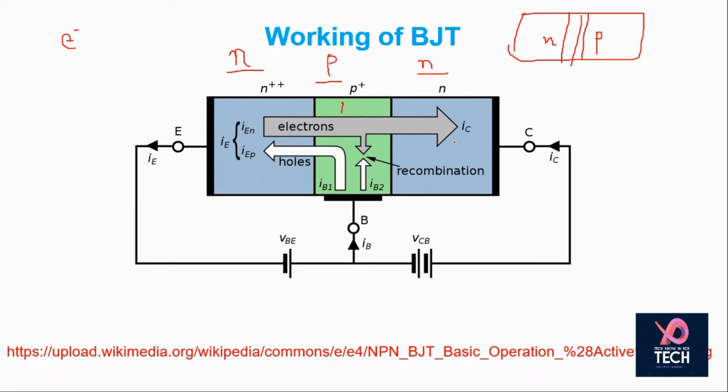When we make this junction reverse biased, under the effect of the positive terminal, electrons are attracted towards it and collected. So whatever is emitted, some is absorbed in the base and the remainder is collected at the collector. This is just the basic working of your BJT.